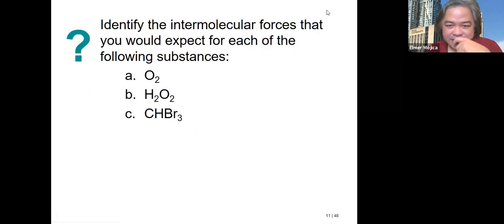Okay, so before I answer the question here, let's try to do some seat work. Let's identify all the IMFA that you would expect from the following substances. Oxygen. What does oxygen have? So how are we going to answer this question?